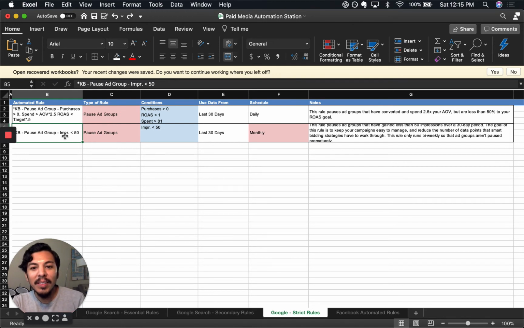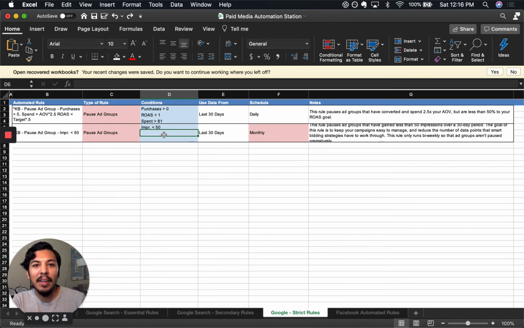In most cases, if you're serving fewer than 50 impressions a month, not even really 2 impressions a day, then it's very likely that that ad group isn't being a very big contributor in that overall campaign. So as long as it's not generating a significant amount of revenue for you, which I doubt it is, but you could add a second qualifier here if you wanted to, then we're just going to pause that out so that the algorithm has fewer data points to stretch across.